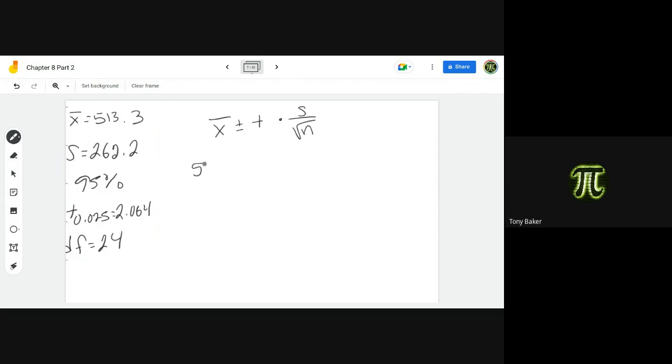So I have 513.3 plus or minus 2.064 times 262.2 divided by the square root of 25.